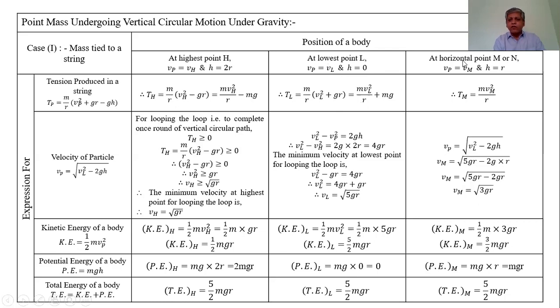Similarly, the tension at the horizontal point, that is M or N. In both positions, the speeds remain the same. Vp is equal to Vm or Vn. Vm and Vn are the same since the positions are the same, and h is equal to R. Therefore, tension at the horizontal position is equal to mVm square upon r, since h is equal to R, gr minus gr is 0.